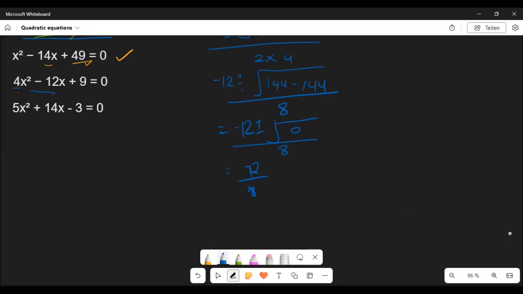So that's going to give us the answer. 4 goes into 8 two times, and 4 goes into 12 three times. So here we have minus 3 over 2, which is equal to minus 1.5. That's how you get the value of x.